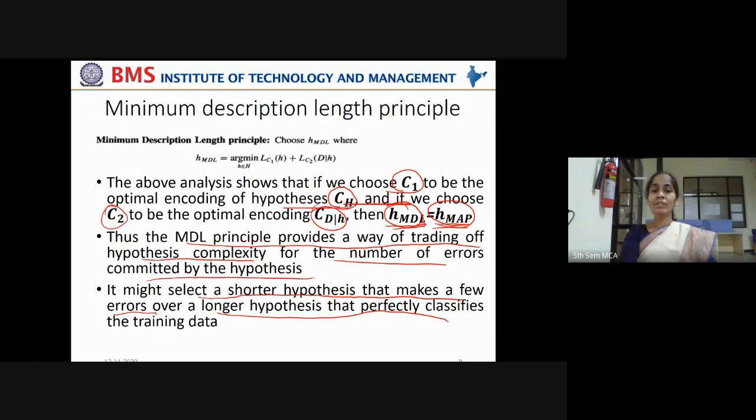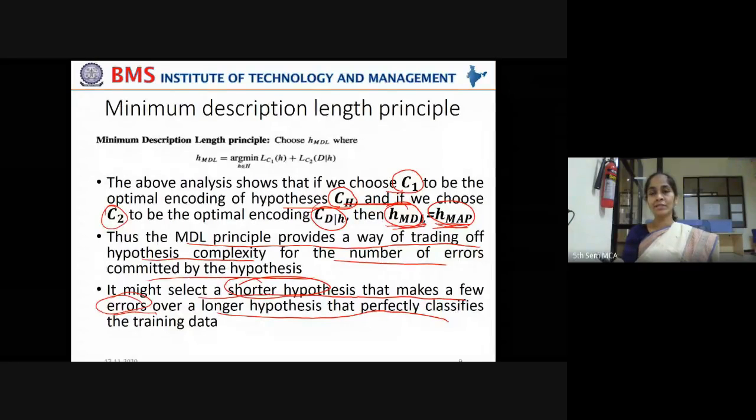That is why we should always prefer a shorter hypothesis that makes a nominal amount of errors, no problem, because that will have good generalization capability compared to a longer hypothesis that doesn't make any errors. Okay, this is the idea behind the minimum description length principle. You are trying to minimize the description of the hypothesis as simple as possible so that it can generalize well to unseen data. I have made this concept as simple as possible in this PPT.